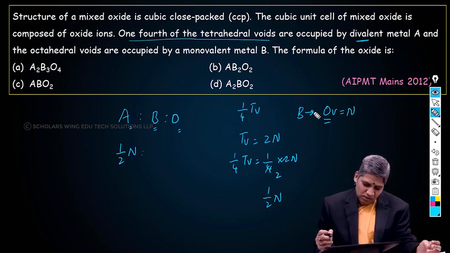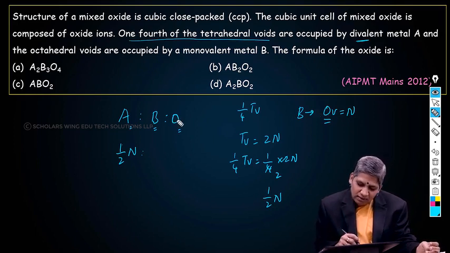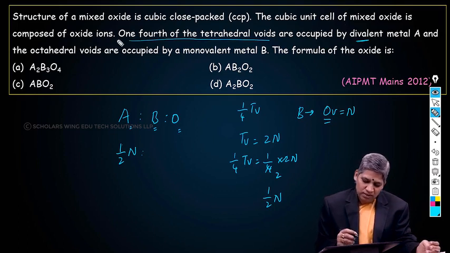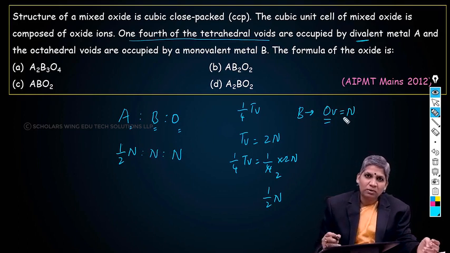So B is how much now? Before that, O. The cubic unit cell of mixed oxide is composed of oxide ions. That means CCP lattice points are occupied by O, and that is number of lattice points N. That's the assumption we know. So here OV is also N. B is N because B is occupying OV.